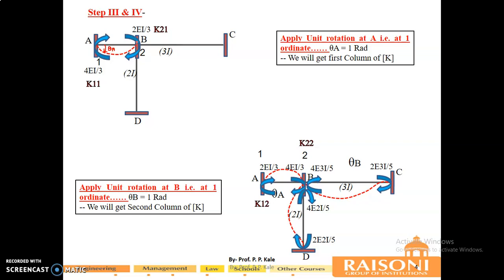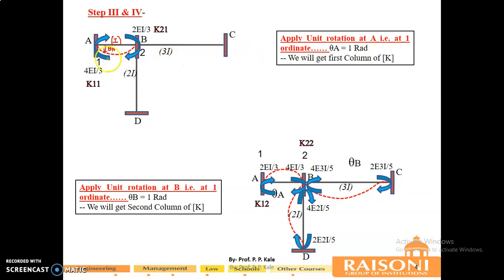So there is a clockwise moment generation. Since AB has moment of inertia equal to I and length equal to 3 meter, putting those values will give 4 EI upon 3 and 2 EI upon 3. Now this theta A will not disturb BC part and BD part, so there will be no moment generation in these parts.